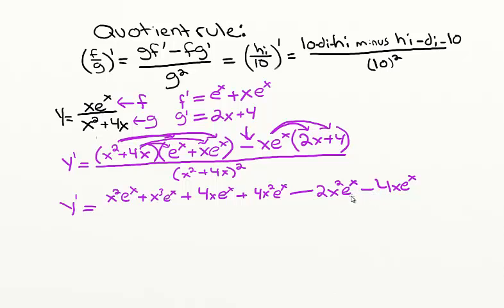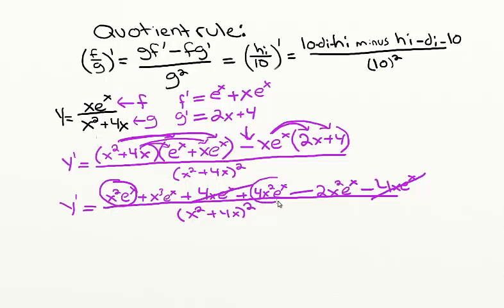Alright, so now we're going to have to look for things to cancel out. So there's, well, don't forget about your x squared plus 4x, whole thing squared down here, but we don't really need to worry about that yet. So we have a 4x e to the x there and a 4x e to the x here. One's subtracted, so those two are going to cancel out. And looking at this, there's not really anything else that's going to cancel out, but we have an x squared e to the x here.